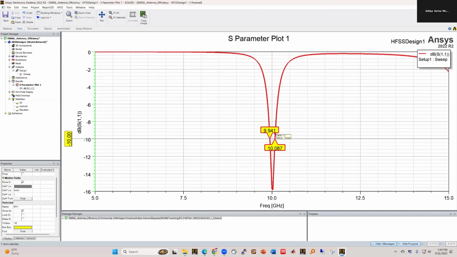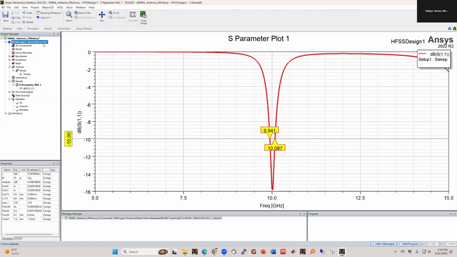So that's around 45, 46 megahertz or so. And so it's fairly narrow band. And that's pretty typical, 50 megahertz. So yeah, okay, that's about S11 and the impedance bandwidth.